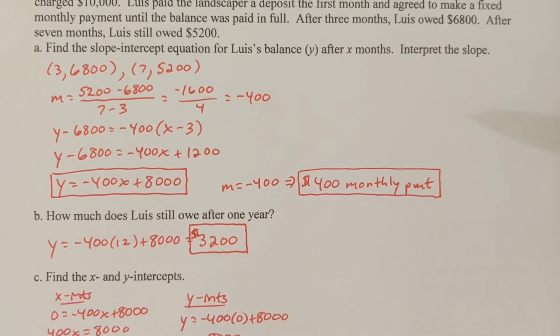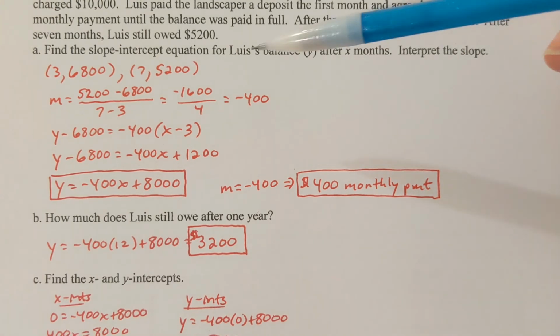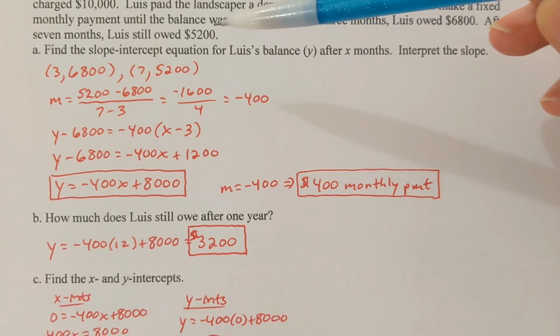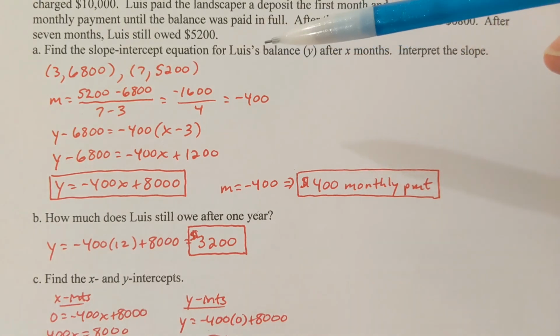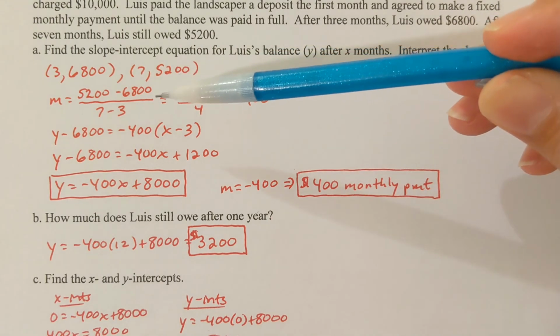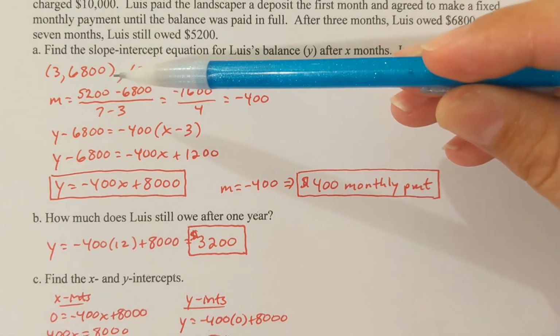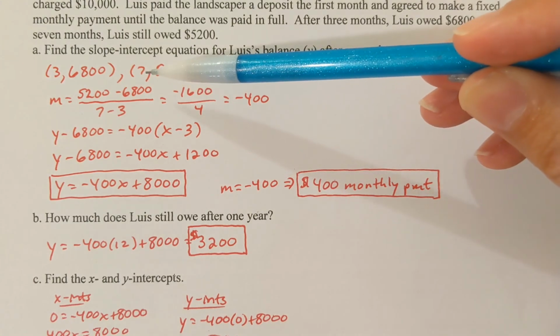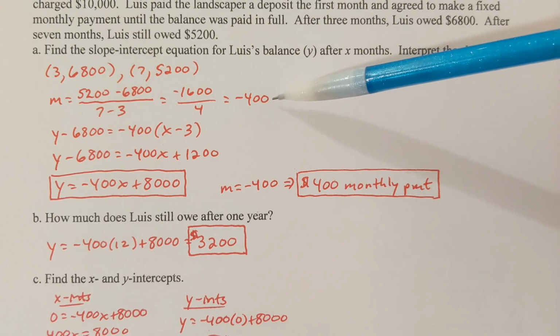Okay, so after 3 months, Luis still owed $6,800. After 7 months, Luis still owed $5,200. By them telling me that information, they're telling me really 2 points that are on this line. So m is equal to 5,200 minus 6,800 divided by 7 minus 3 equals -400.